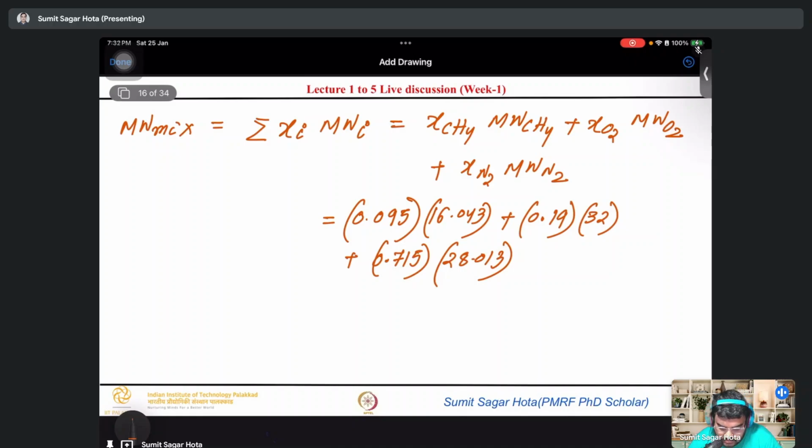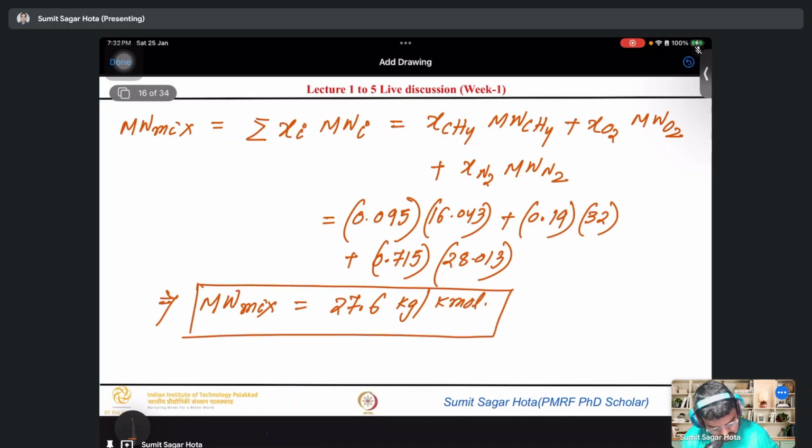Okay, so now we just need to solve and find out the molecular weight of the mixture. Okay, so this is the answer.